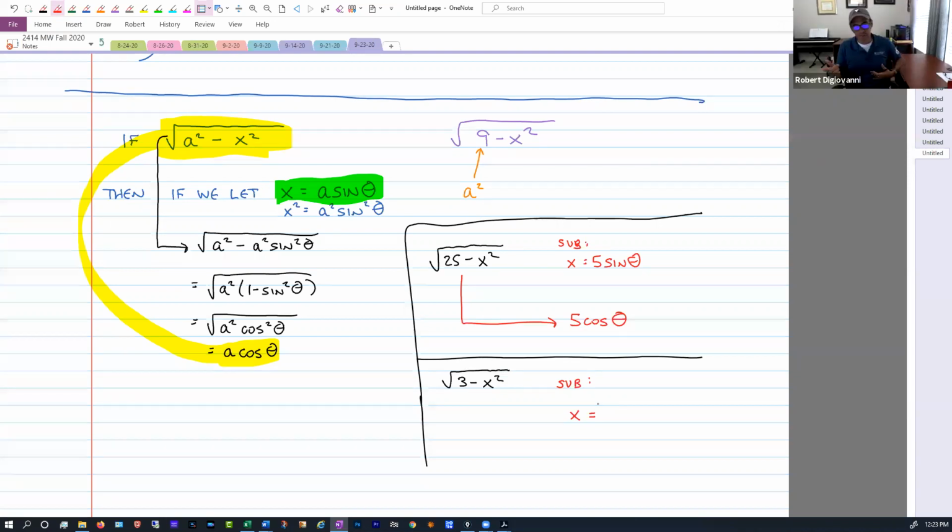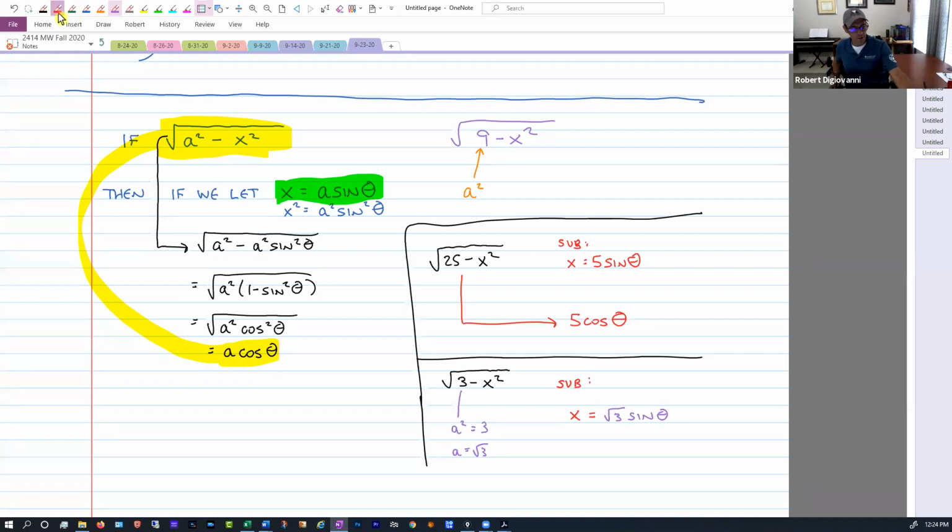Yeah, so we have to pay attention to the fact that when you look at 3, we're saying that's a squared. So a squared is 3. Take the square root on both sides. That means a is the square root of 3. Now, we don't know what the square root of 3 is, it's some decimal, but that's a. So we're going to make the substitution root 3 sine theta.